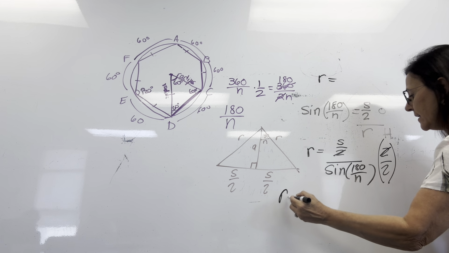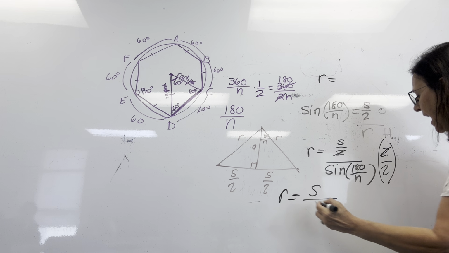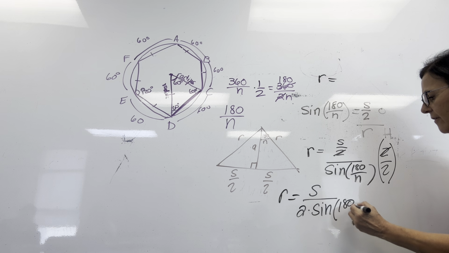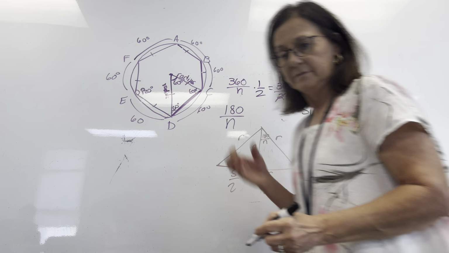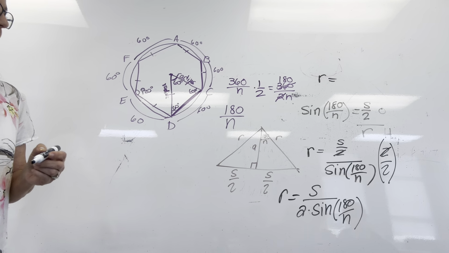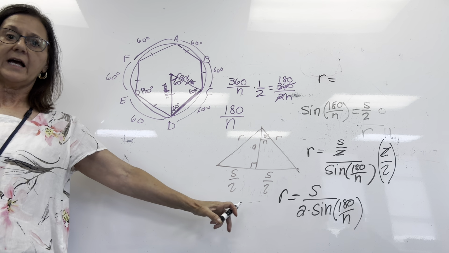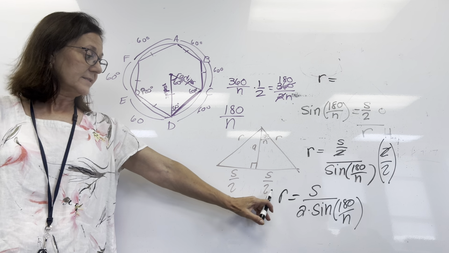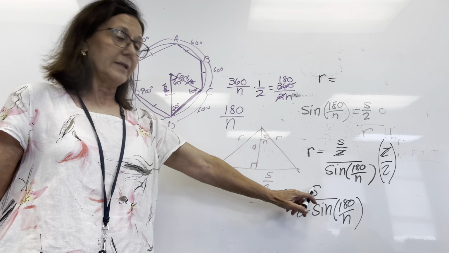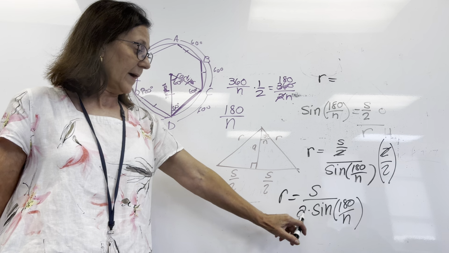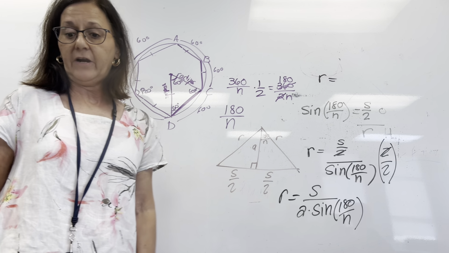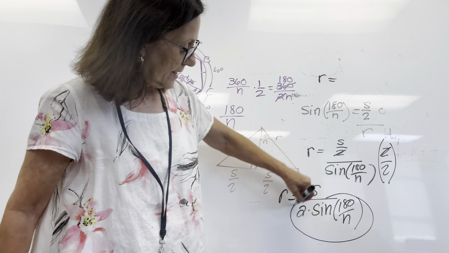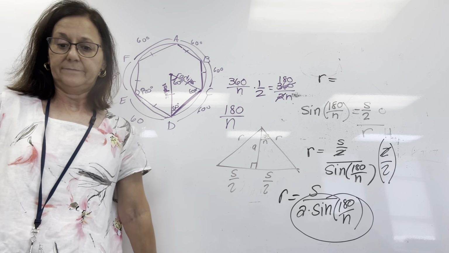So that the radius equals the length of the side over 2 times the sine of 180 over n. So we could, this is not in your textbook, we could solve for the radius by taking the length of the side divided by 2 times the sine of 180 over n. This is going to be an important concept in the next lesson.